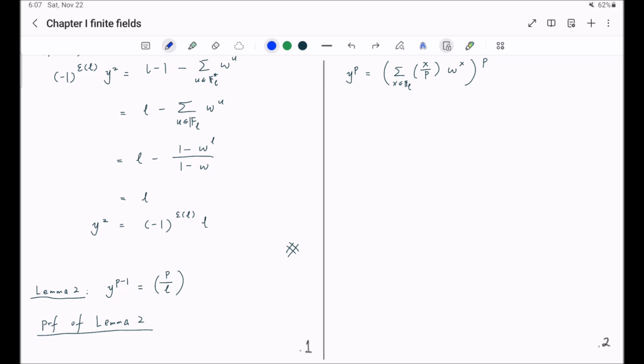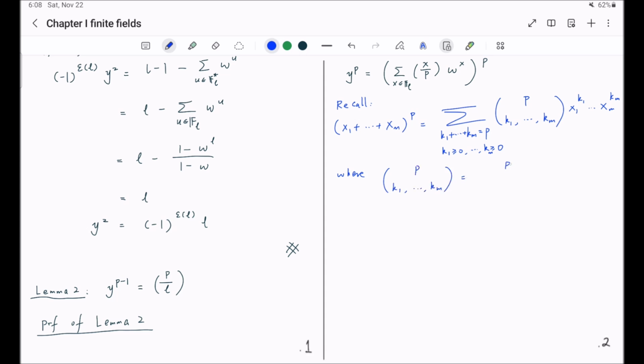And now let us recall the multinomial theorem. If you raise the sum x1 plus dot dot x_m to the power p, then the expansion of the sum will look like the summation of the multinomial coefficient, where k1 plus dot dot k_m is equal to p, and each of them is non-negative, where this multinomial coefficient is p factorial divided by k1 factorial times dot dot k_m factorial.